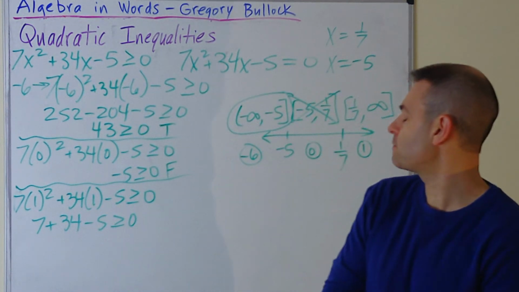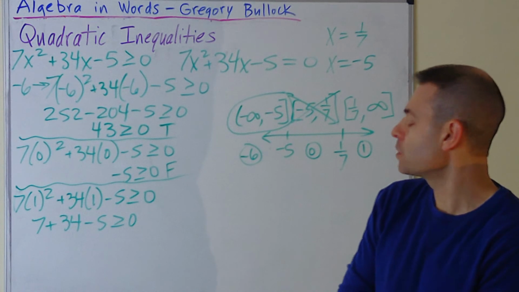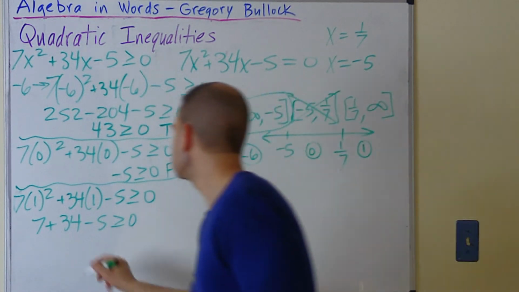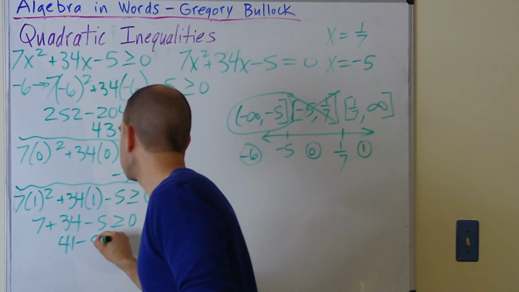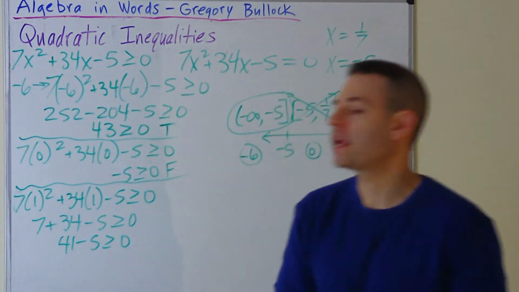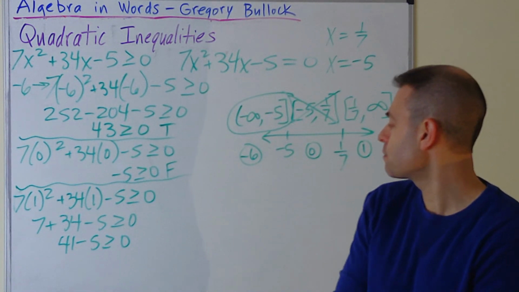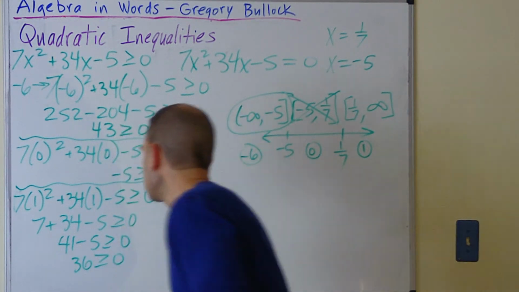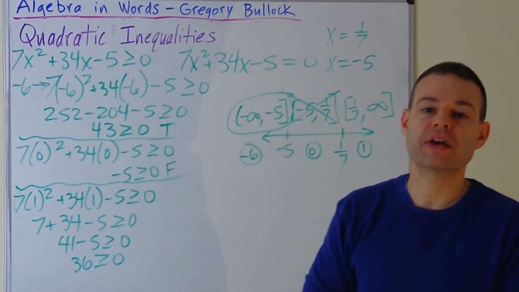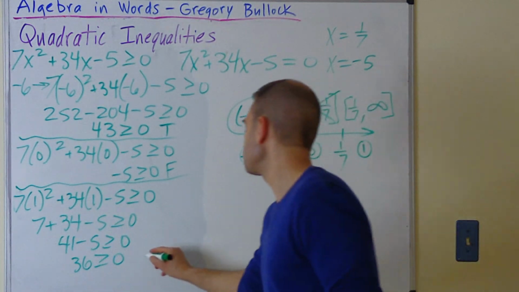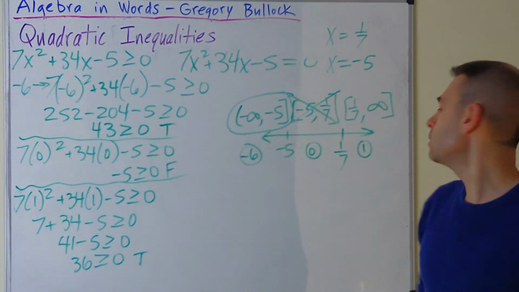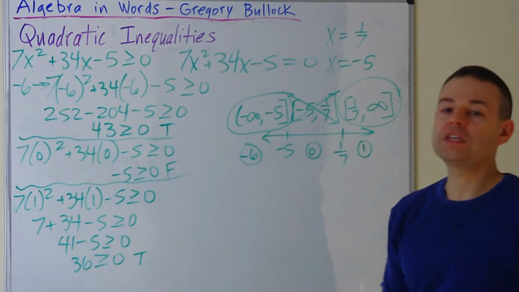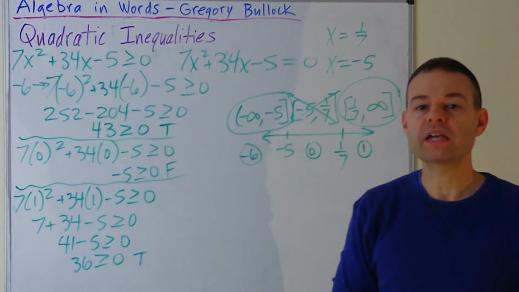And again, minus 5. 7 plus 34 gives us 41. Minus 5 is going to give us 36. And is 36 greater than or equal to 0? Yes, that's true. So what does that mean? It means we keep this region as part of the answer.